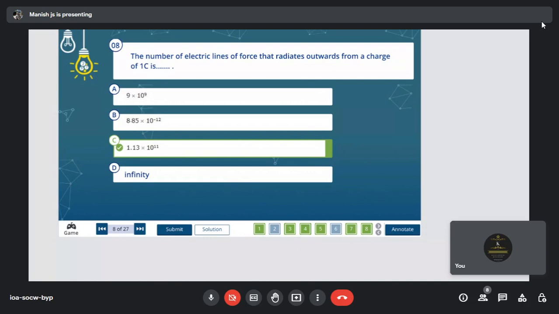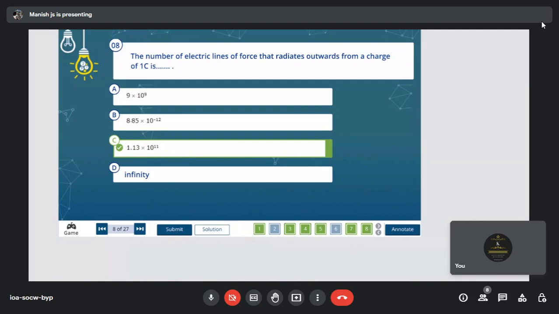So we are going with the concept of electric flux, which we learned, which gave us a relation between the number of electric lines of force. E vector dot. So the number of electric lines of force radiating outward. When they are radiating outward, the nature of charge is going to be positive. So we are using the charge enclosed by the surface divided by epsilon naught.